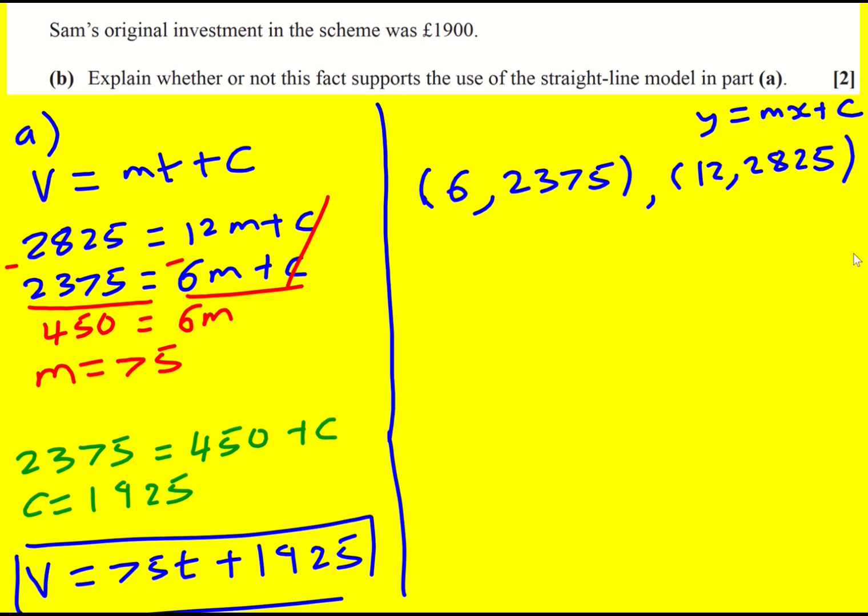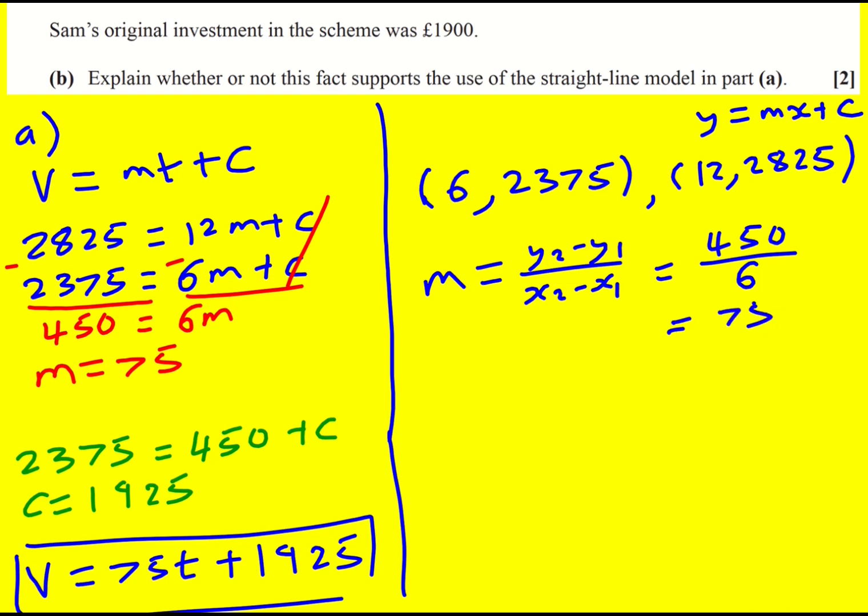Typically, you first of all find the gradient, and that's using y2 minus y1 over x2 minus x1. You can also just draw a picture and see that you're going along 6 and up 450. In fact, that's what we end up getting here. And then we divide them. I've just done this minus this divided by this minus this. And that again gives us our 75.